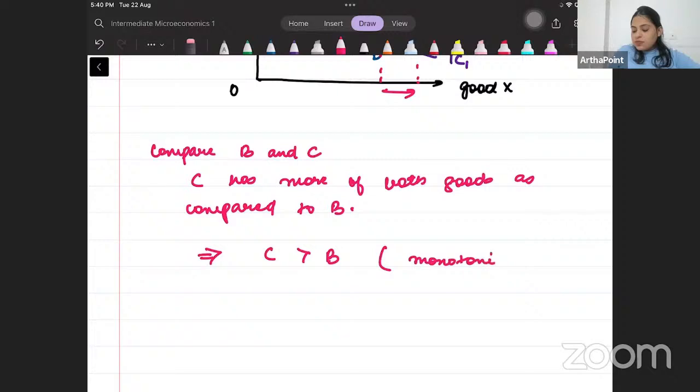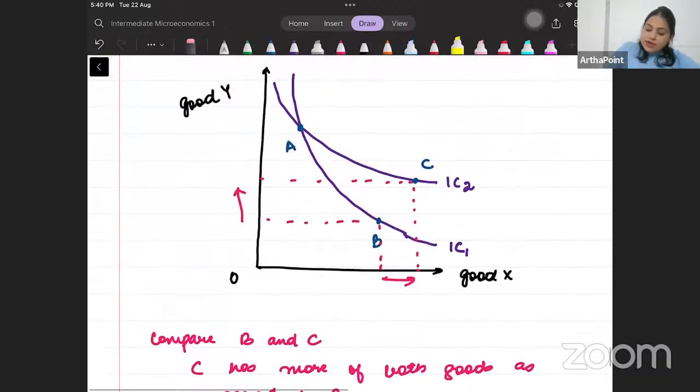Monotonicity. More is preferred. ठीक है बेटा? Now see this. Beta, if I look at IC1, this IC, I'm looking at IC1.